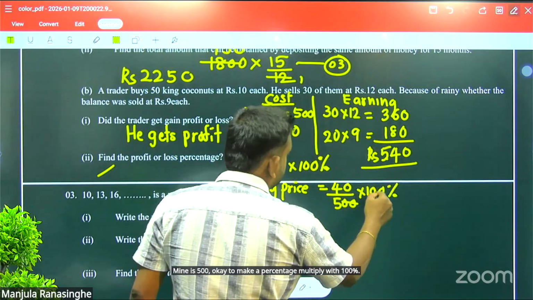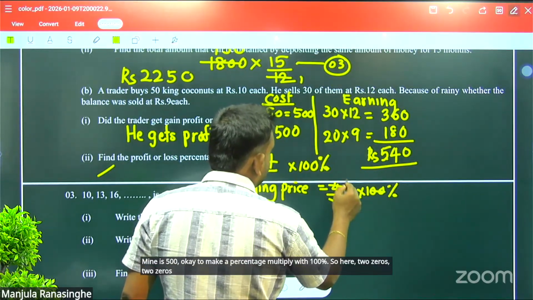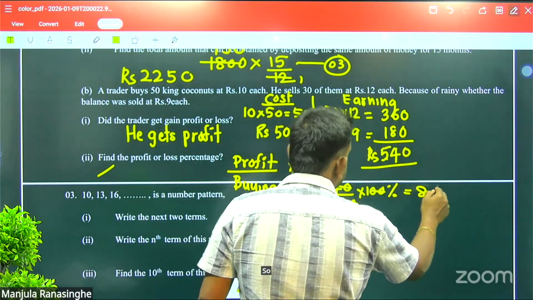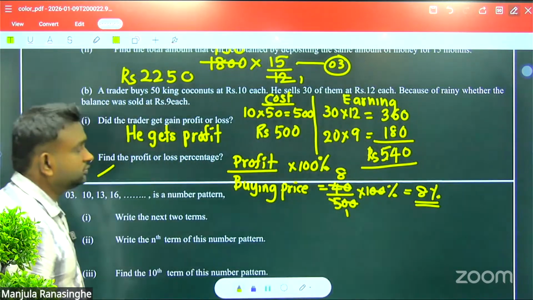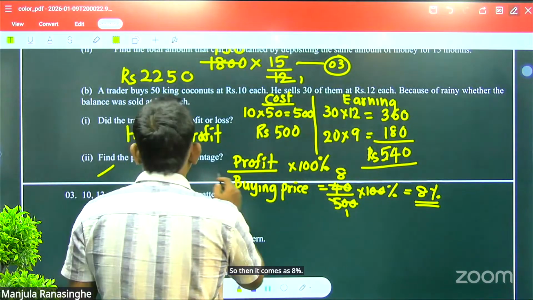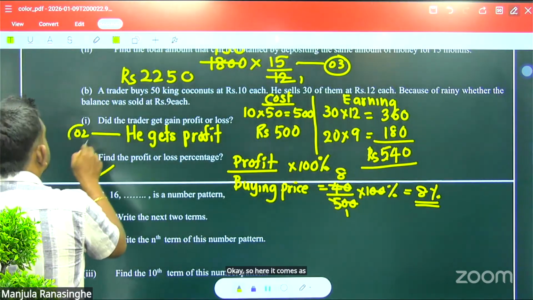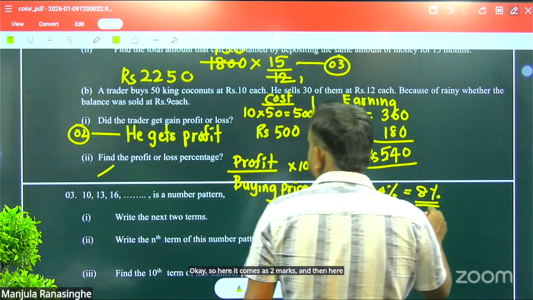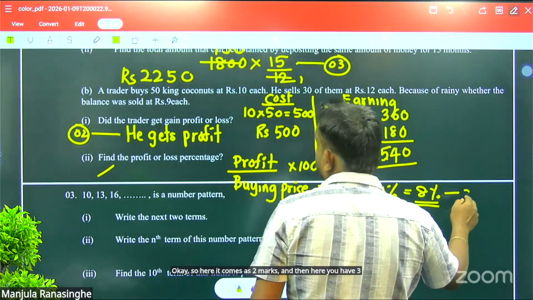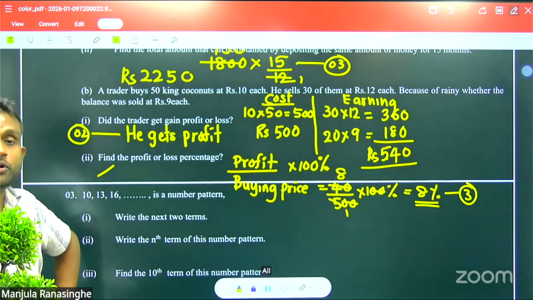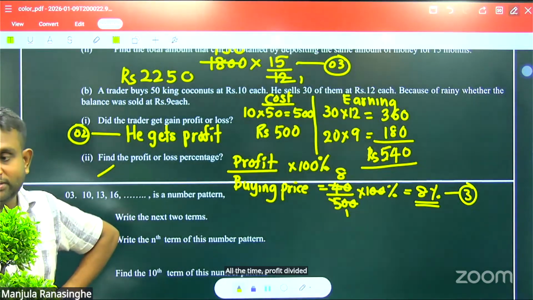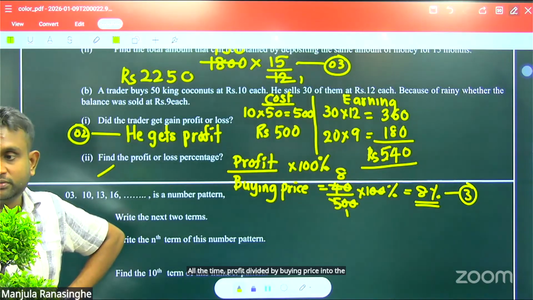Two zeros simplify, 5 into 8. So it comes as 8%. Here it comes as 2 marks, and here you have 3 marks. Profit percentage, all the time, profit divided by buying price into 100%.